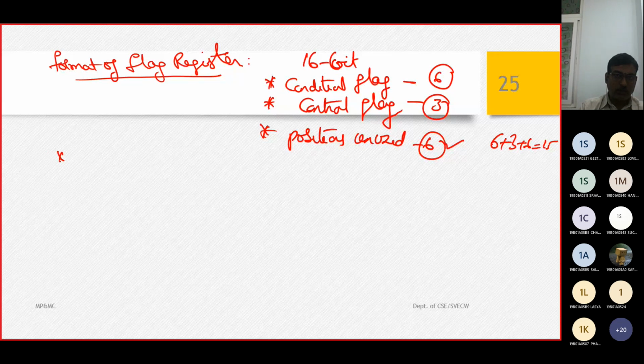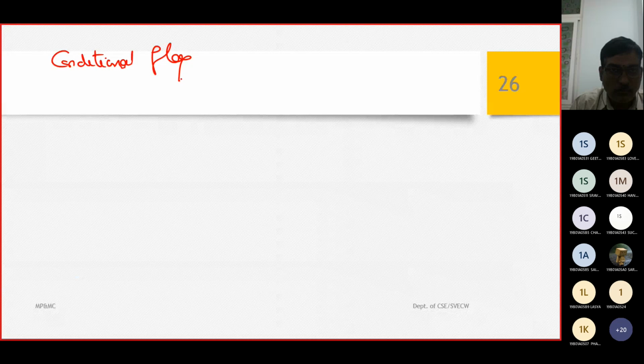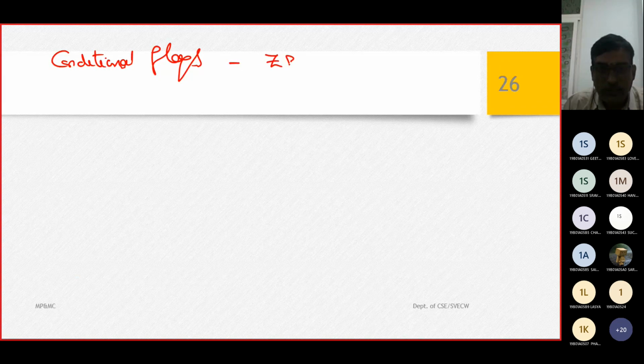Coming to the first part, conditional flags. These conditional flags are going to be called ZF, SF, PF, AF.